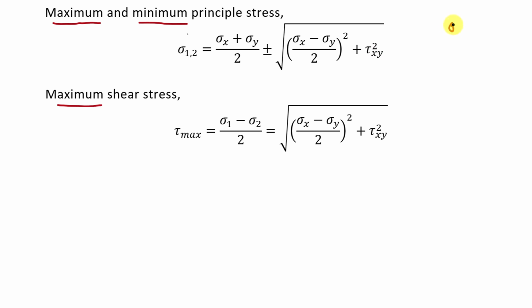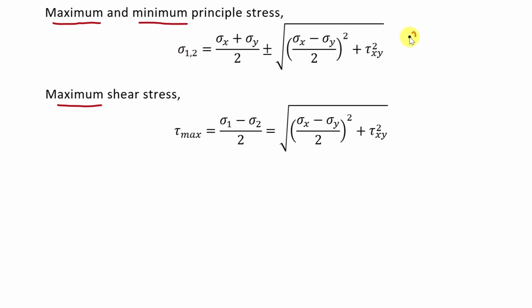Now here sigma 1 is the maximum value of principal stress and sigma 2 is the minimum value of principal stress. We have discussed that sigma 1 and sigma 2 are the values of principal stress on the principal plane on the body, at which the value of shear stress is 0. Fine?